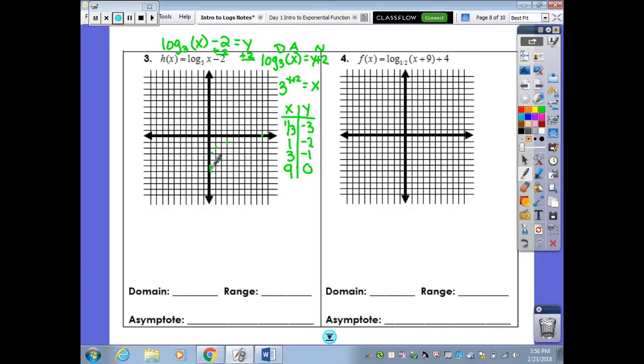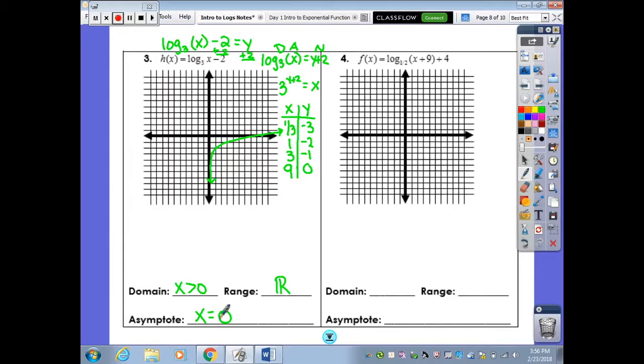And our graph is going to look something like this. Our domain is x is greater than 0, our range is all real numbers, and our asymptote is x is equal to 0.